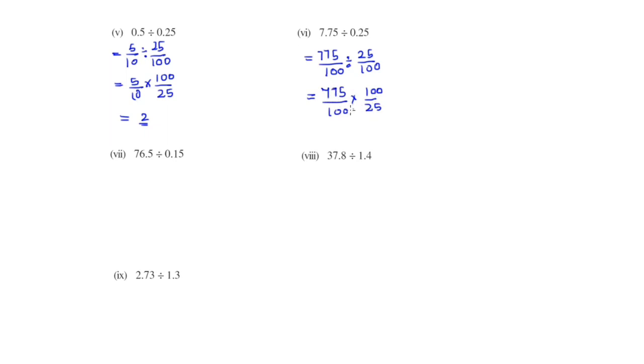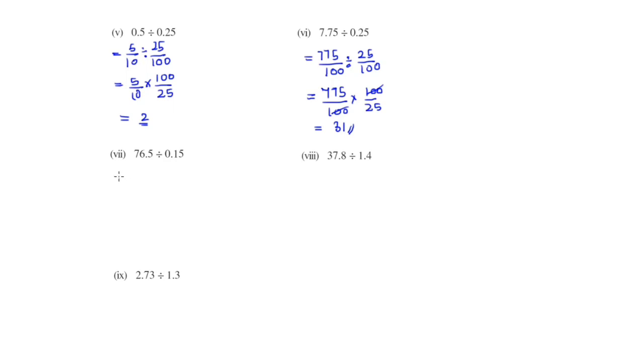Then if you divide 775 by 25, what will you get? Try. Yes, you will get your final result as 31. Understood? Now coming to the seventh part.